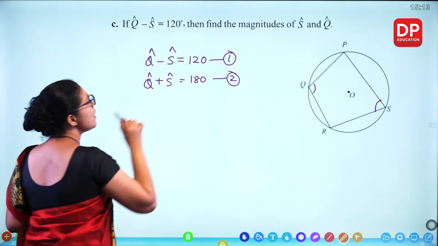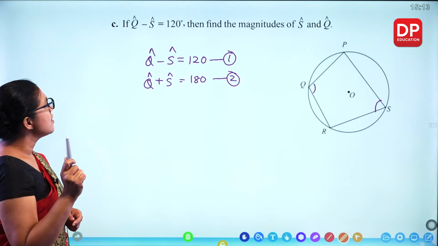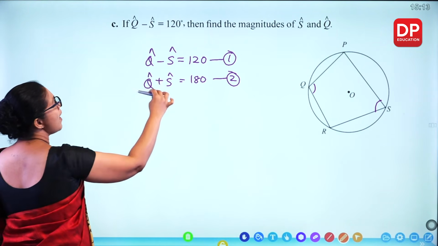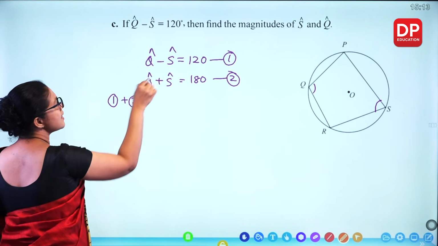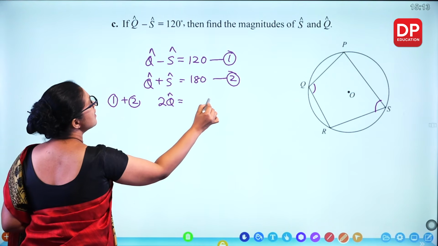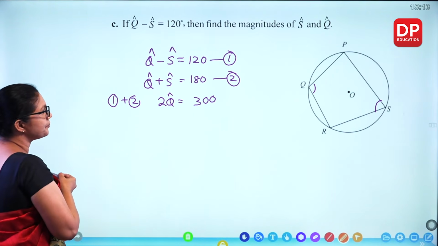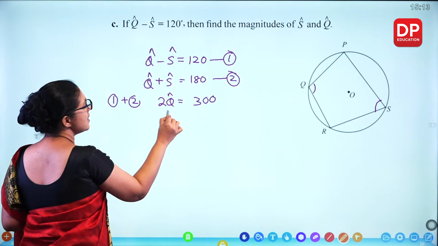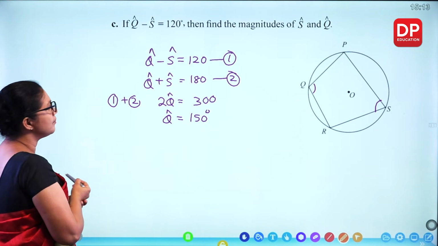So we have two equations, two unknowns, simultaneous equations. We'll solve this. When you add these two, what happens? S gets cancelled out. You get 2Q equals 300. Q equals, divide by 2, you get 150 degrees.